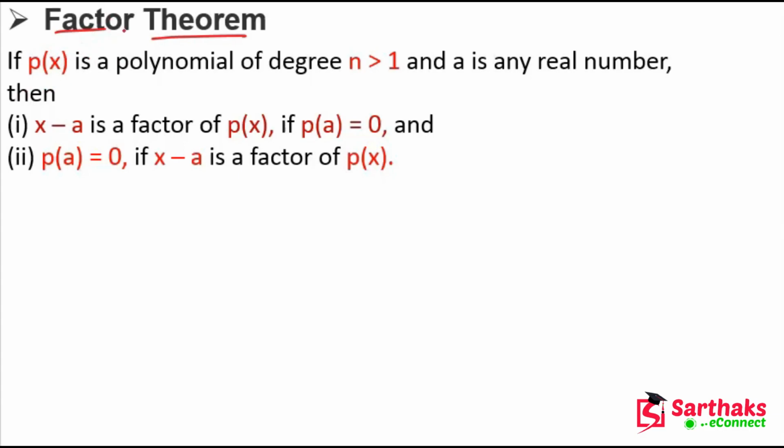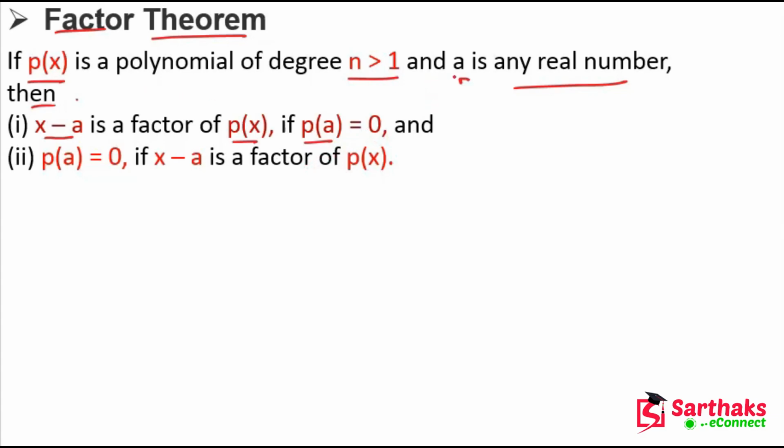The factor theorem states that if p of x is a polynomial of degree greater than 1, and a is any real number, then x minus a is a factor of p of x if p of a is equal to 0.